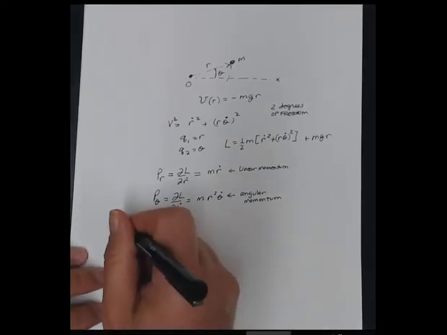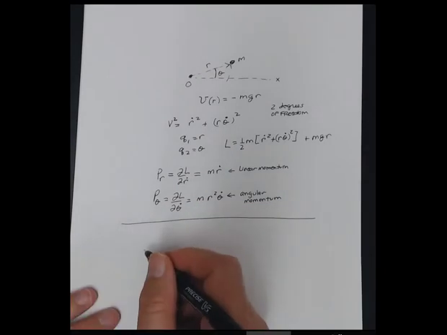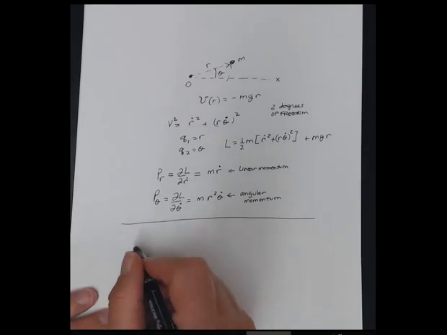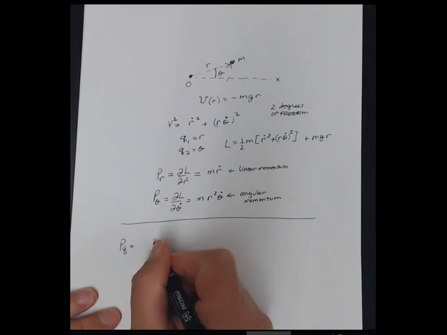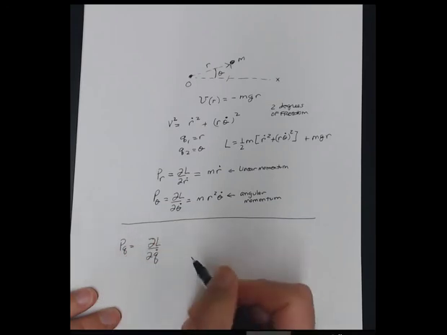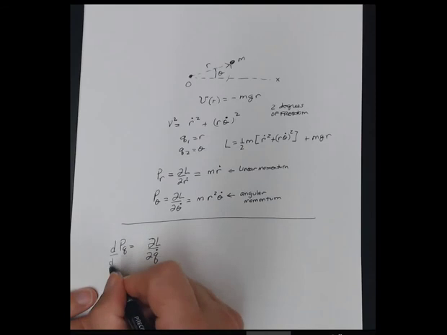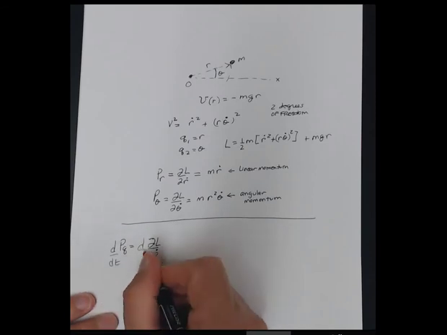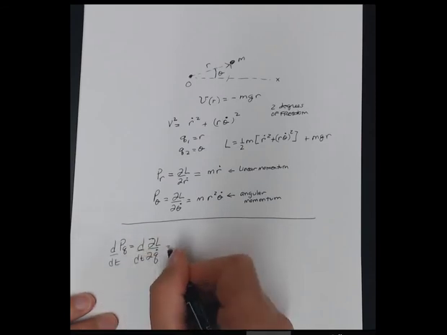Notice that if I have p sub q, which is dL/dq dot, if I take the derivative with respect to time, that's p q dot.